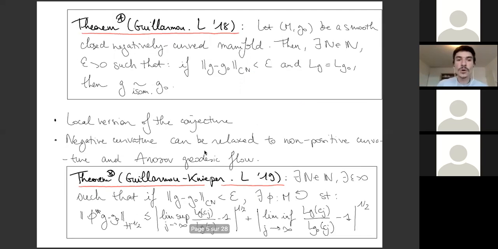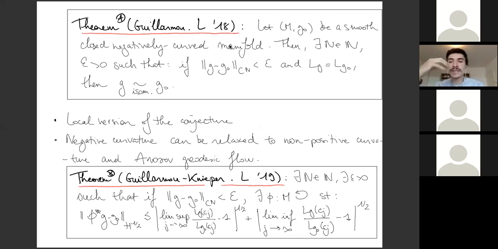Okay, so the theorem that we proved with Colin two years ago is a local version of the Burns and Katok conjecture. The statement is the following. We fix a reference metric g0, and we assume that this metric is negatively curved.